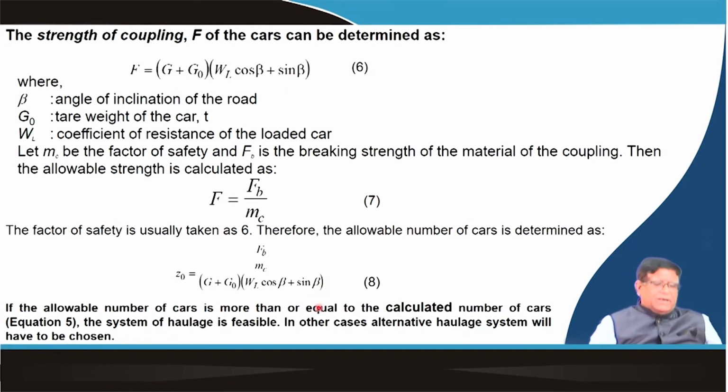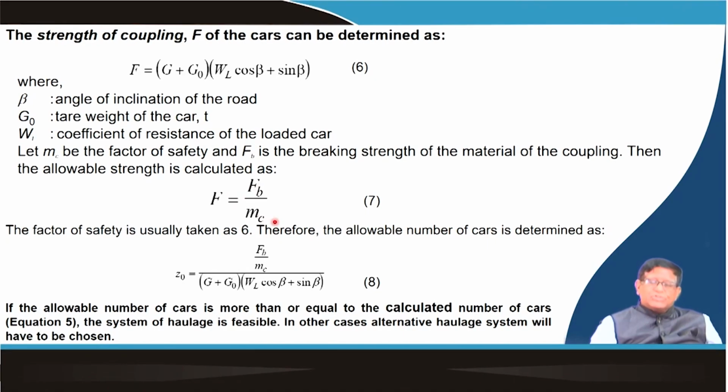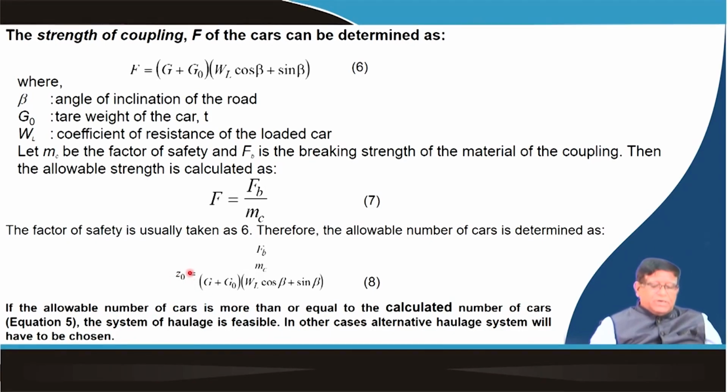These are simple calculations. Once you know the strength for the given coupling force, you can find out how many cars you can connect. So the train can be taken with Z naught number of cars, provided you consider that it will be operating safely.